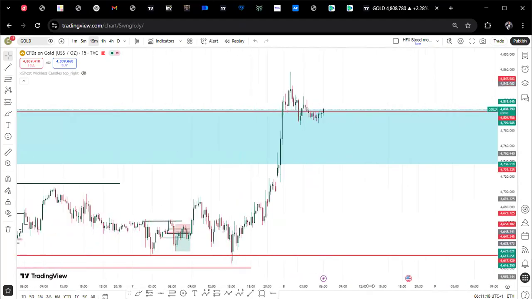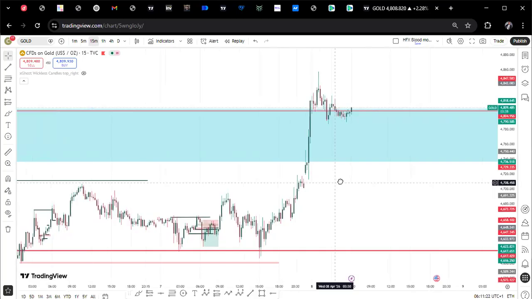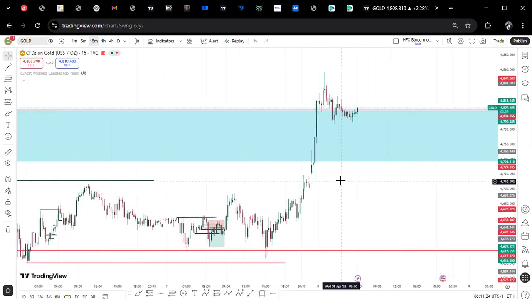MT5 is basically the broker connection, right? What you're seeing is whatever the broker shows you. So this is a beginner course. I'll just run through this, then go into some analysis, or try to practice what we just talked about, right?